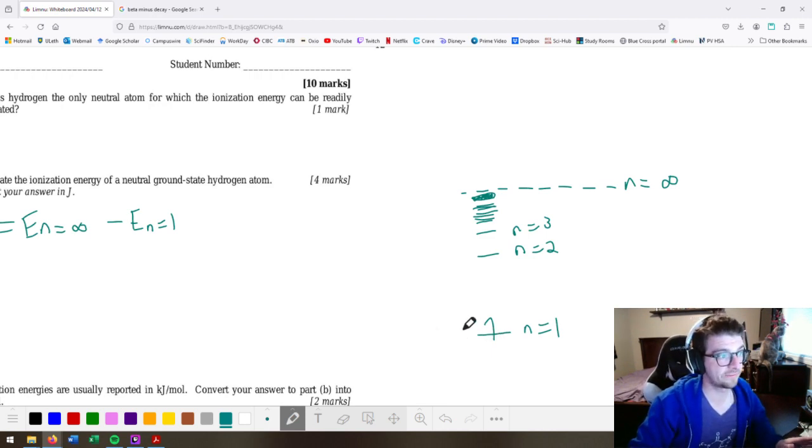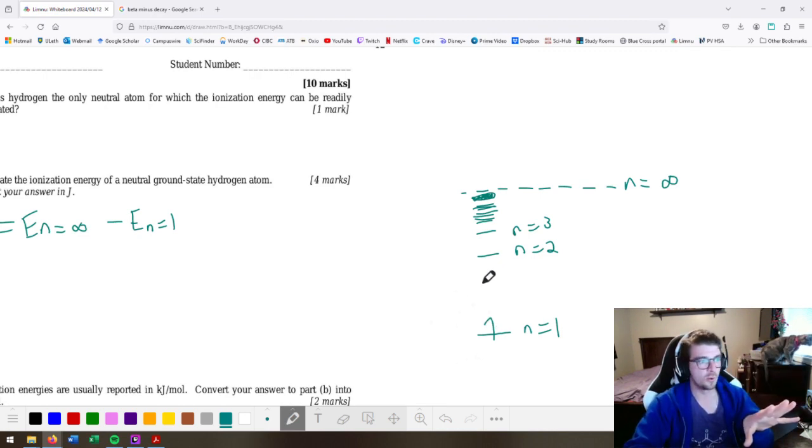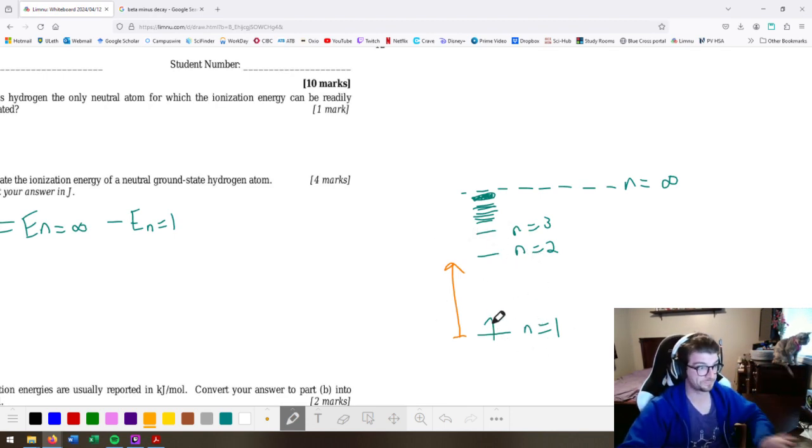So if this neutral hydrogen atom were to absorb an amount of energy that corresponds to the energy gap between the ground state and the first excited state, n equals 1 and n equals 2, then it will end up being in n equals 2, the first excited state.